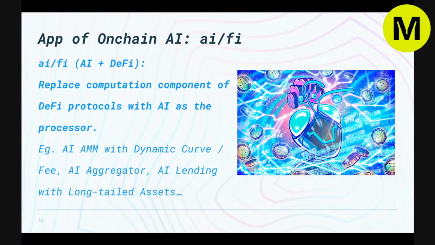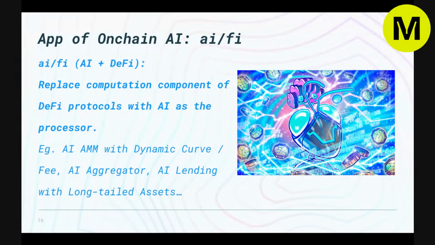And for an aggregator, you can use AI to aggregate all the sources of quotes, and use AI to more intelligently know the potential MEV value or the potential extra fee coming from this swapping transaction. So AI can be more intelligent when we actually find a way to replace the computation of these DeFi protocols.